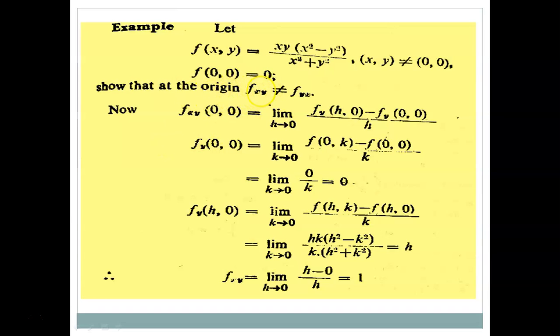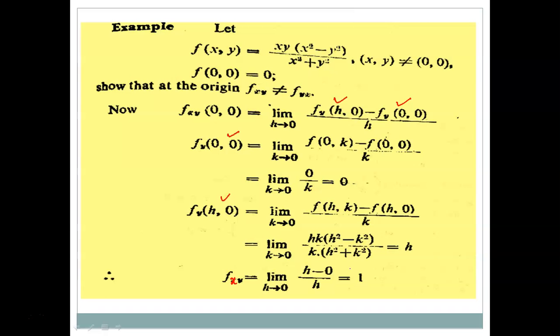We will show here that they are not equal at the origin. fxy at (0, 0) can be written like this by the definition. Similarly, fy(0, 0) can be written like this, and this fy(h, 0) can be written like this. By substituting the values over here, we get that this quantity fxy will be equal to limit h tending to 0, and substituting the values, h minus 0 divided by h, this gives you 1.